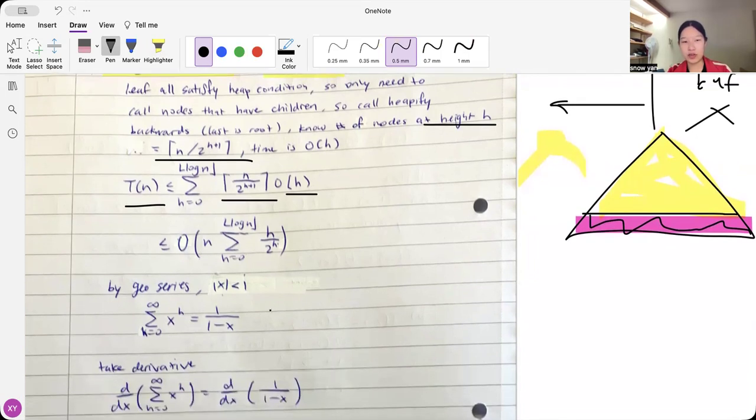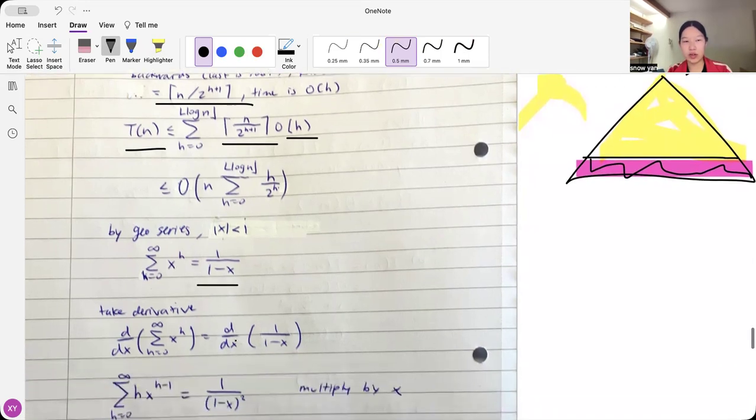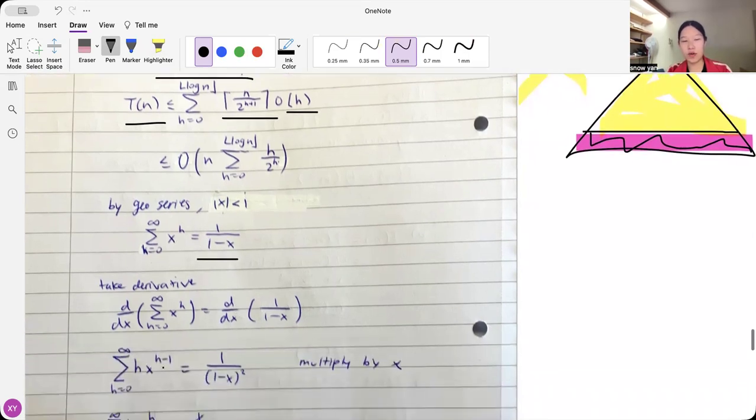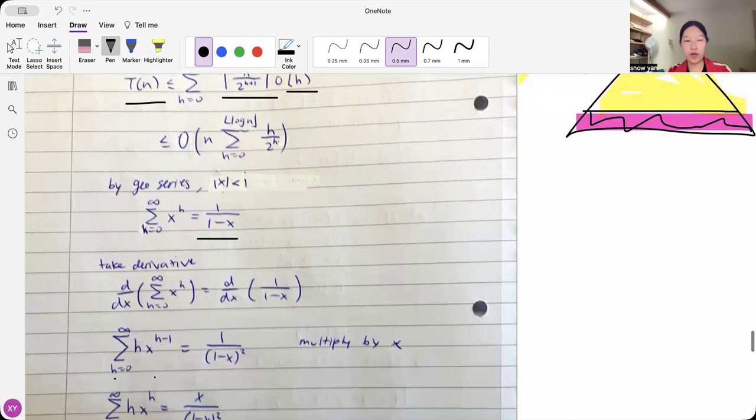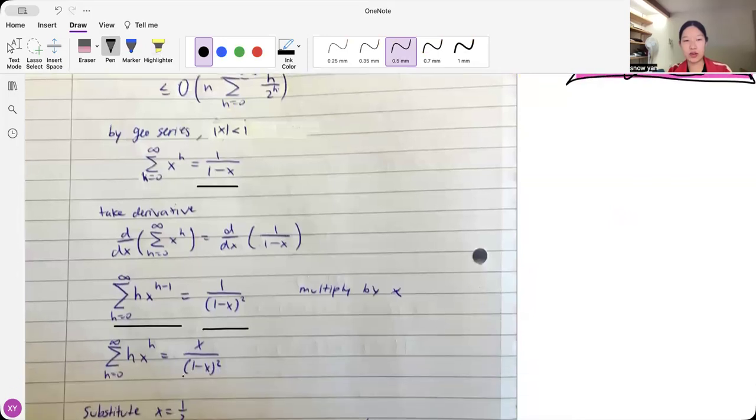By the geometric series, we know that x has to be smaller than 1. If we take the derivative of the series in x, we get the form of h times x to the h minus 1, and if we multiply by x, we get the form we need.